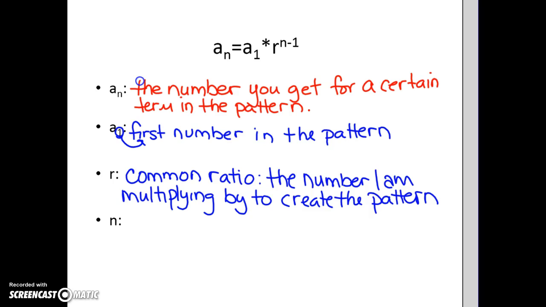The n is the term number. And this will make more sense when we do an example in just a moment.